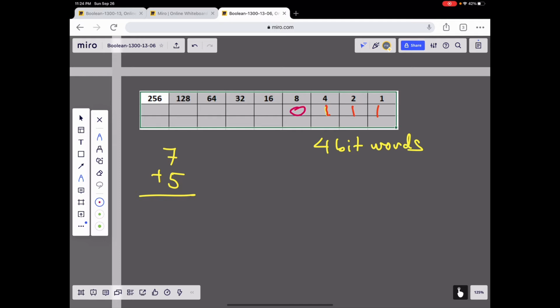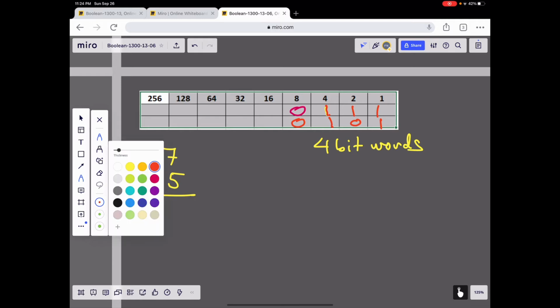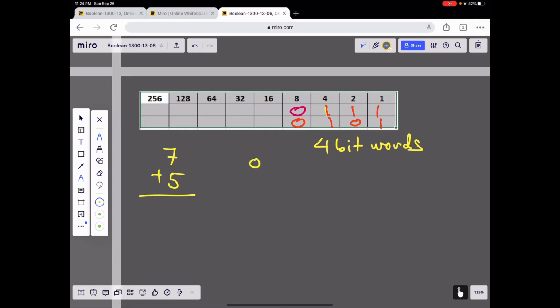And the other one, 5, that means 4 and 1, so I add 0 in there. All right, so let's line them up together. 0, 1, 1, 1, 0, 1, 0, 1.